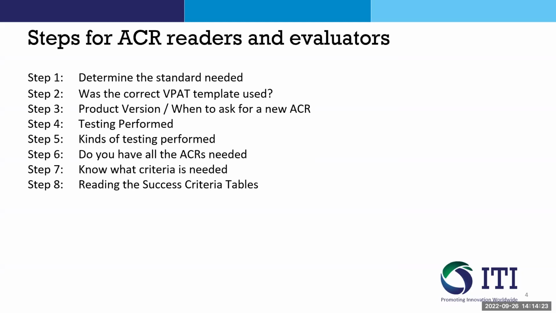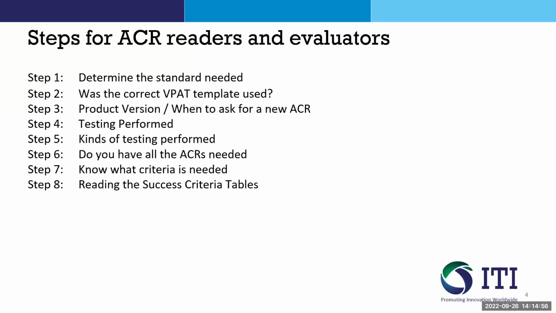Step 6 is to look at what exactly you're purchasing. Many products are complicated, and they might have a software operating system, and they might have a piece of hardware, and they might even have some firmware. They might have some documentation. There might be a web and a locally installed component, and each different product in a suite that composes one larger purchase, they may have different ACRs.